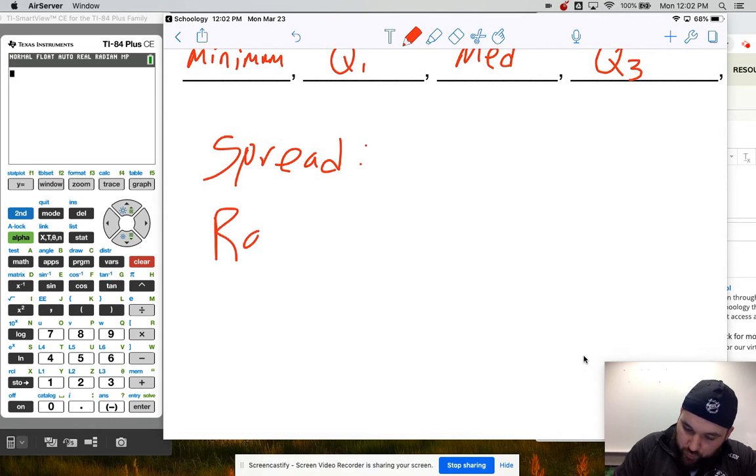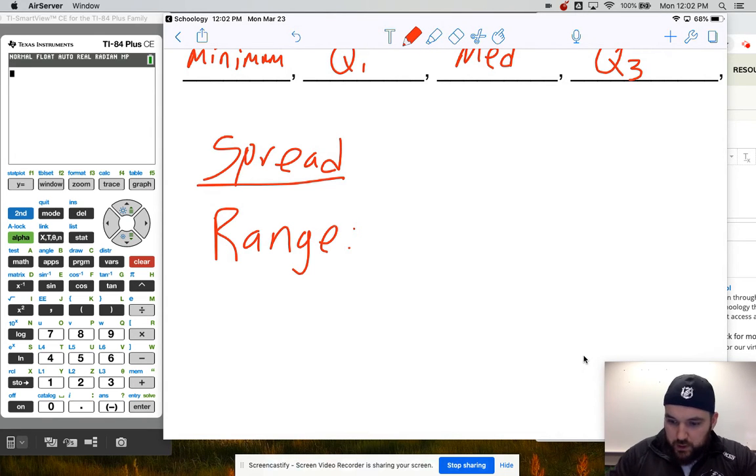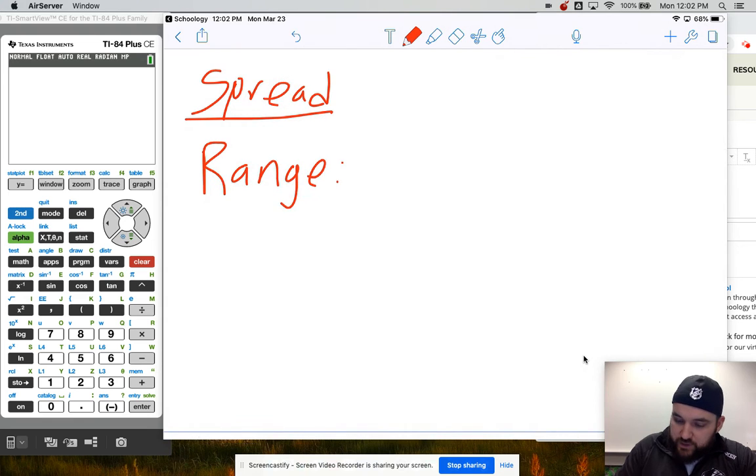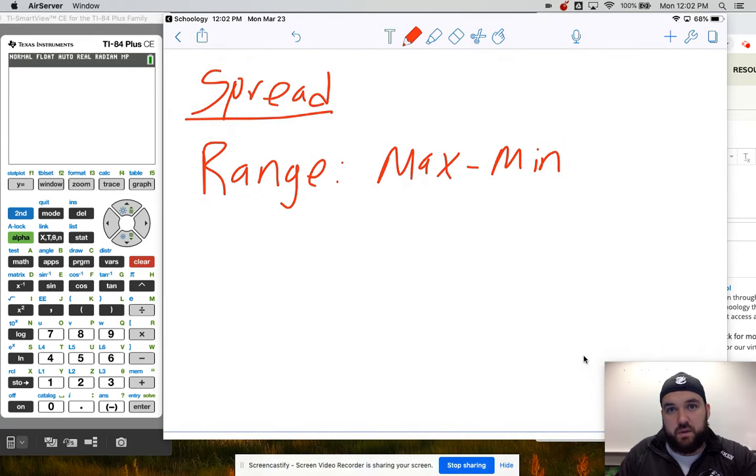We have what's called the range, which hopefully you've heard before. The range of a data set is simply a single number, and it's how far apart the maximum and the minimum numbers are. So what's the max minus the min? Okay, so that's the range.